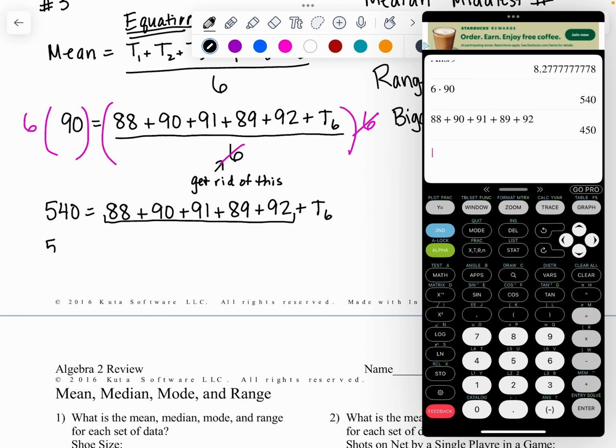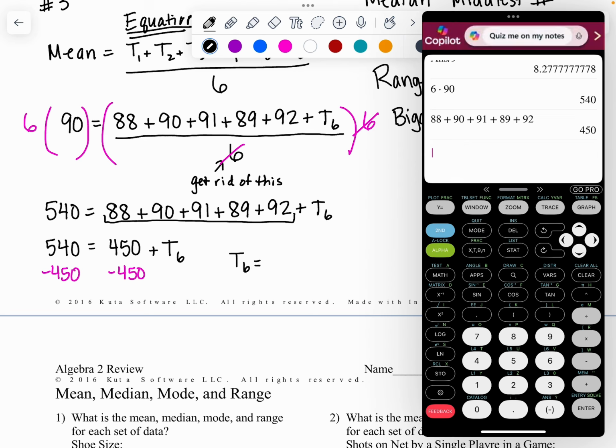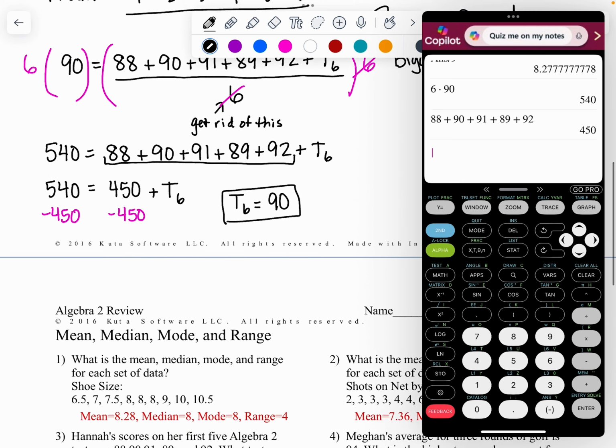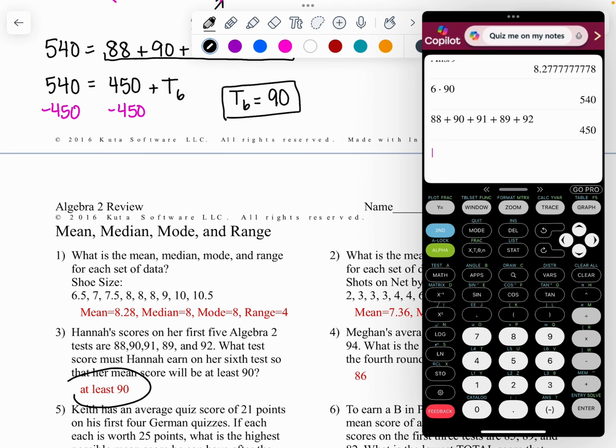I get 540 equals 450 plus T6. And then I'm going to subtract that 450. And now I know that test number 6 must be at least a 90. I must have a score of at least 90, right there.